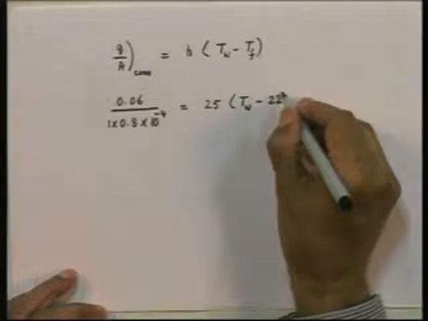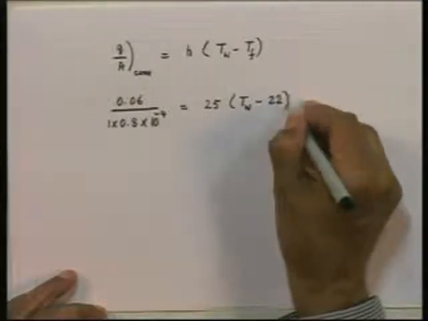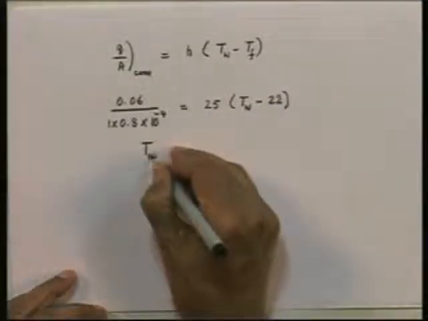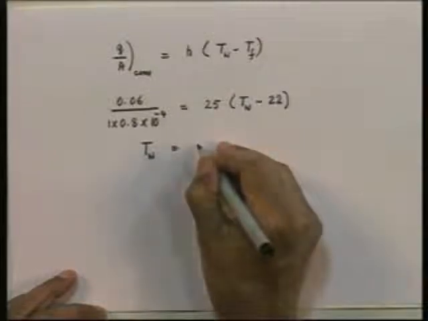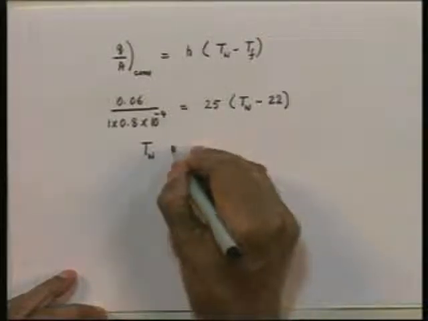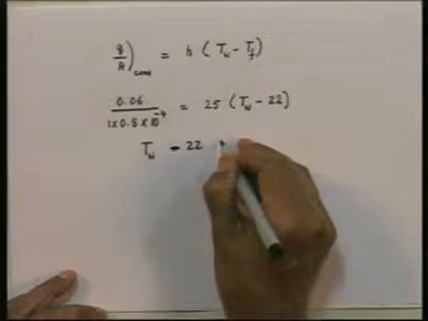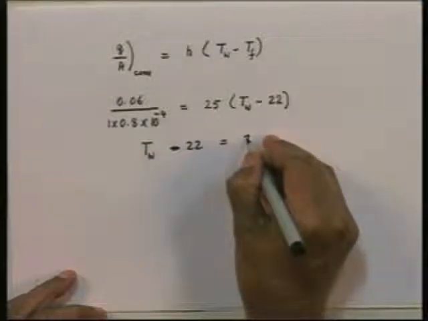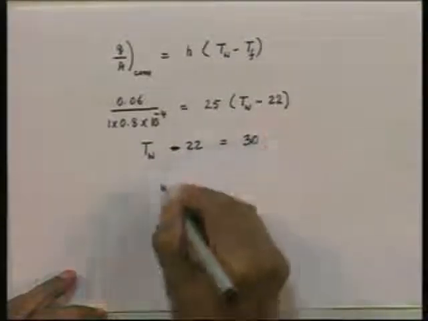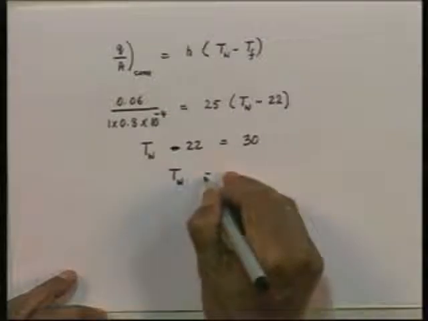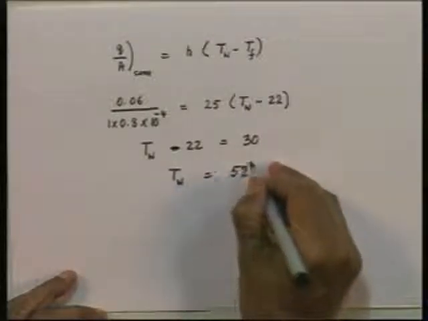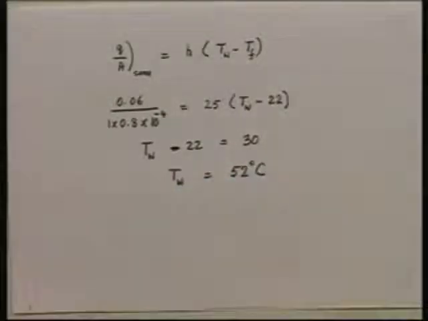And since I am putting in degrees centigrade, TW minus 22 will be coming out to be 30, and TW would be 52 degrees centigrade. So, the value of TW would be 52 degrees centigrade.